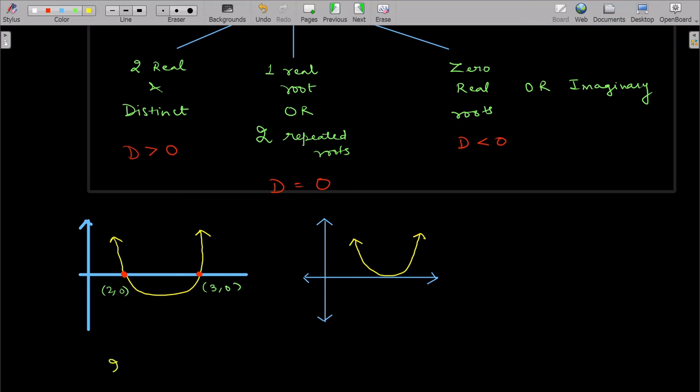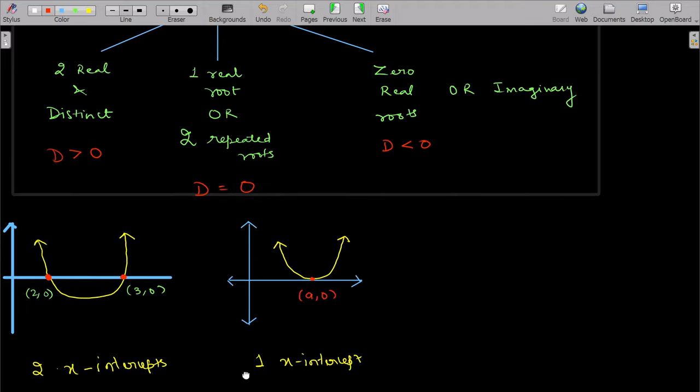This is the case of 2 x-intercepts. This is the case of 1 x-intercept. And the point at which the parabola is touching the x-axis is going to be your 1 root, let's say a comma 0.